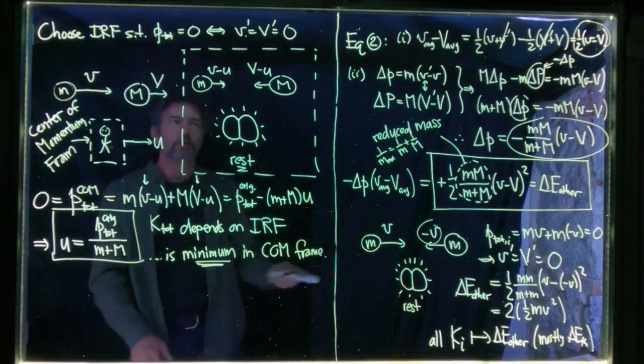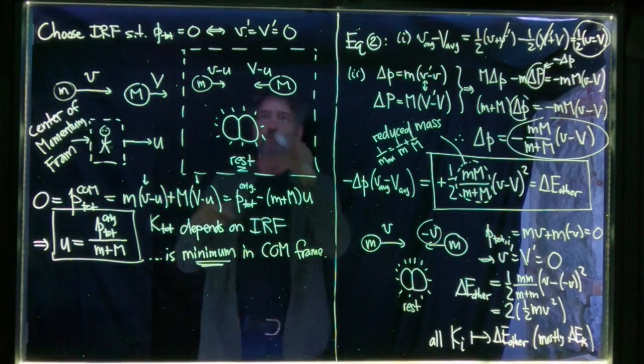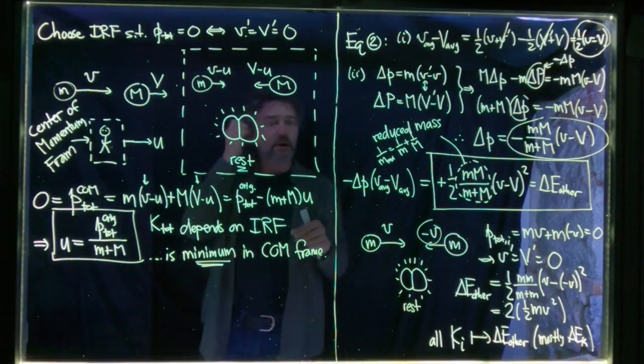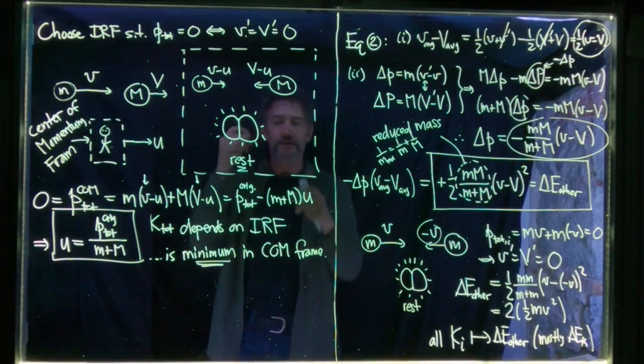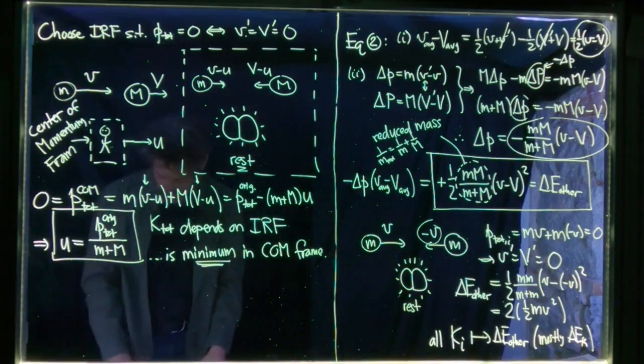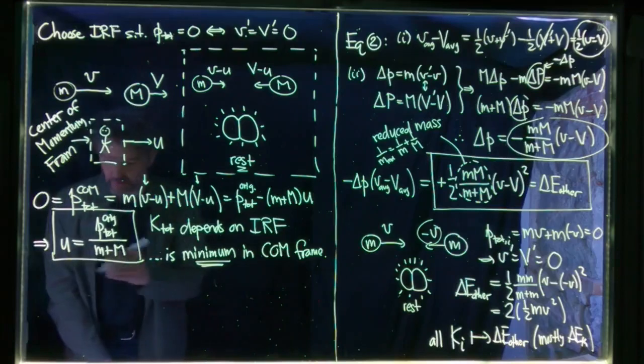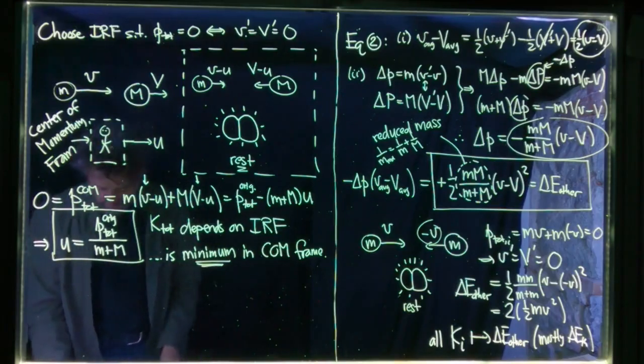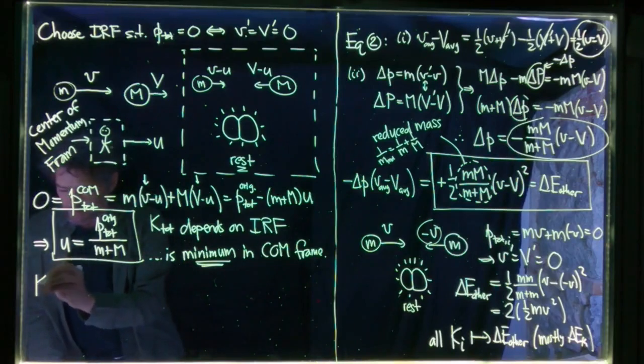This is the center of momentum frame, and we figured out what u needs to be. So let's calculate what that minimum total kinetic energy is in this center of momentum frame. There's a couple of lines in this calculation, no big deal. Good exercise in algebra.